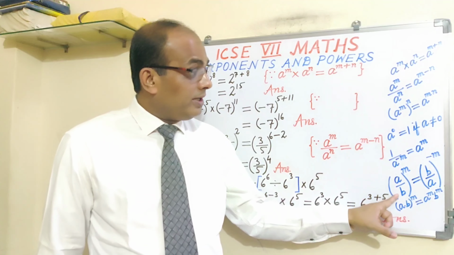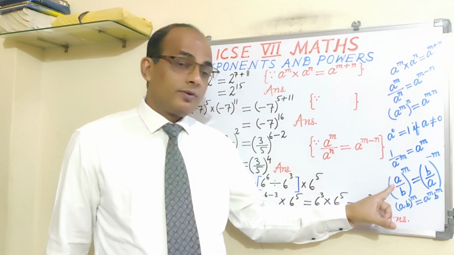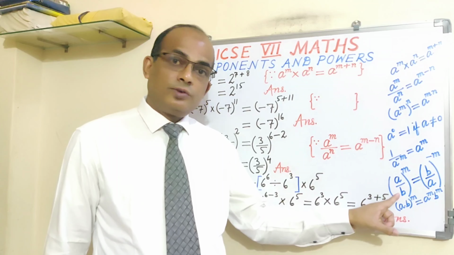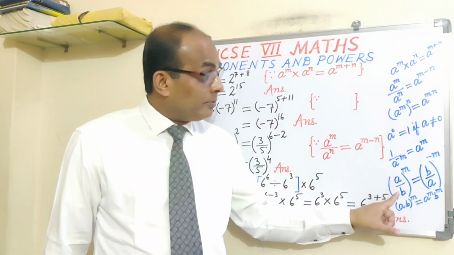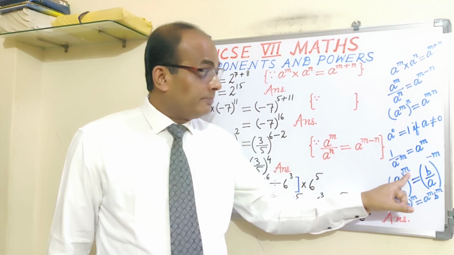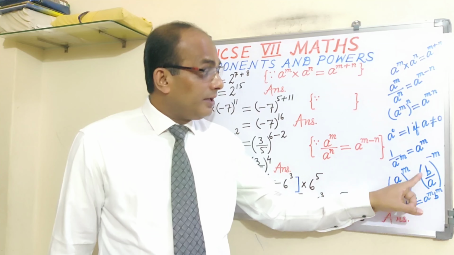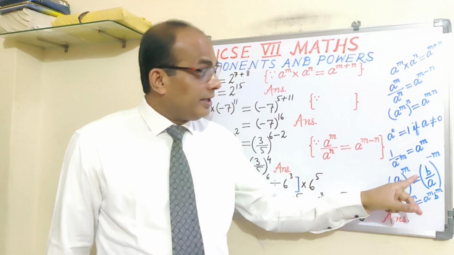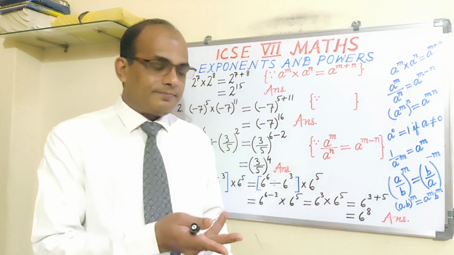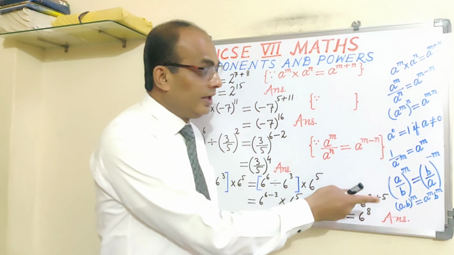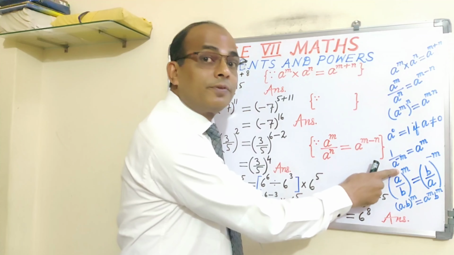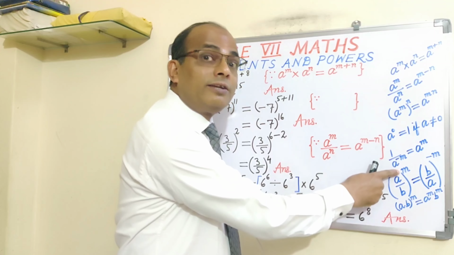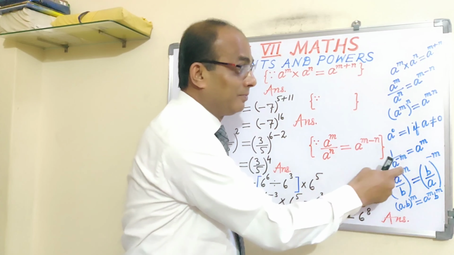a upon b whole raised to the power m, again a is not equal to 0, b is not equal to 0, non-zero numbers. So a upon b whole raised to the power m is equal to b upon a raised to the power minus m. If you write a upon b as b upon a, then the exponent becomes minus m, from m to minus.